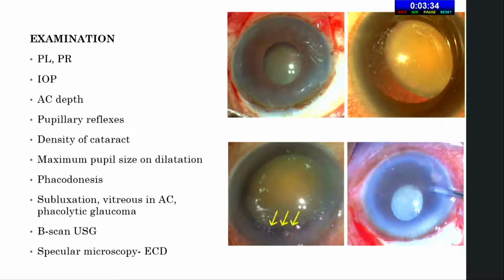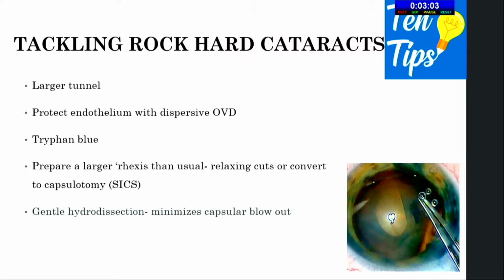So on examination, we have to check the vision potential of the patient by checking PL and PR, the intraocular pressure, the AC depth, if the lens is subluxated, and if there is any phacodonesis, which will tell us about the zonules, the density of the cataract, and definitely the maximum pupil size on dilatation. And we need to do a B-scan ultrasound to look for the retina status, and a specular microscopy to check for the endothelial cell density, as they have poor endothelium.